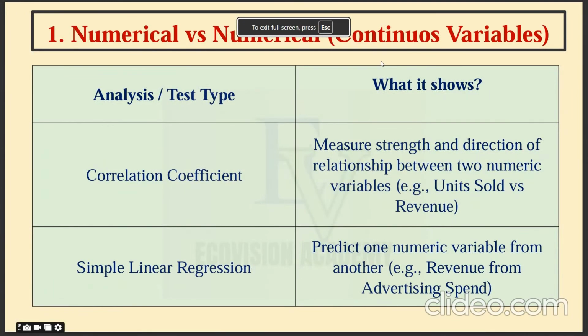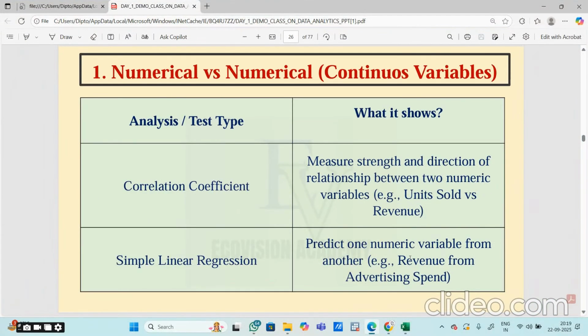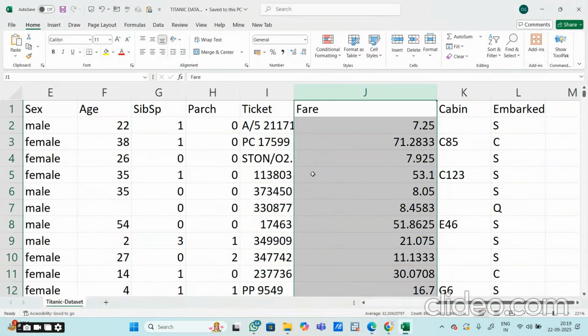What are the other types of analysis that can be done when both the variables are numerical? We can find out simple linear regression. What does it tell? It tells how much of the dependent variable is impacted by the independent variable. I hope we can do a simple linear regression on the age and fare columns, where fare is the dependent variable and age is the independent variable.